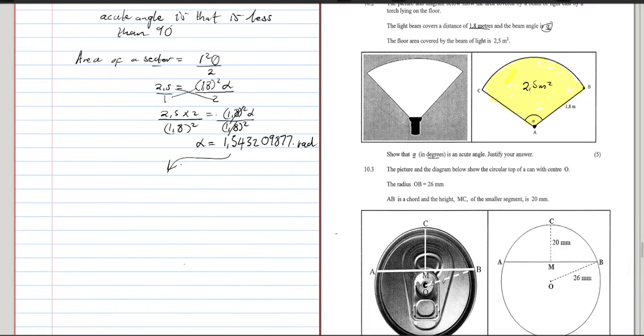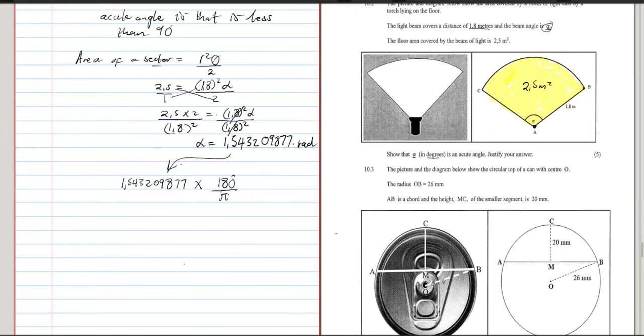How do we do that? We say that the angle, 54320.9877 times 180 divided by pi.